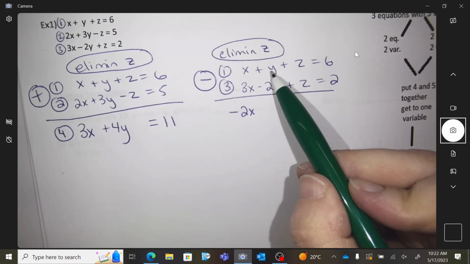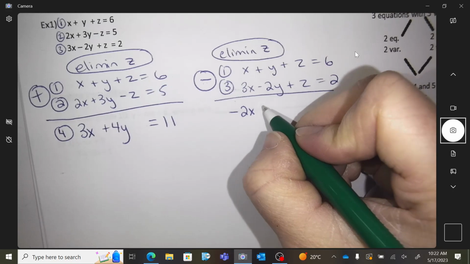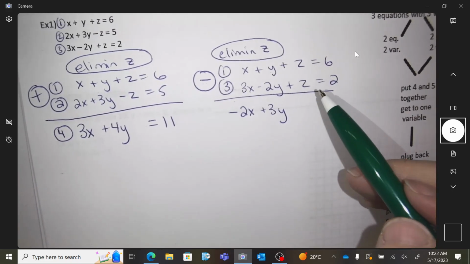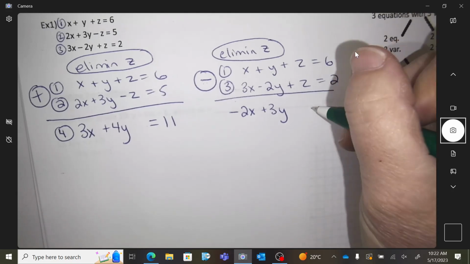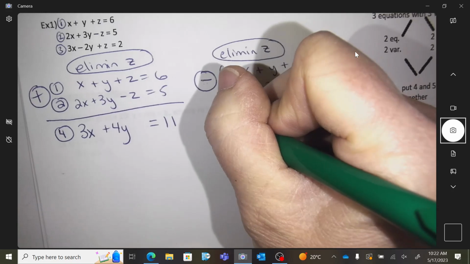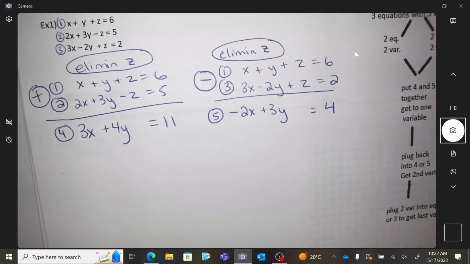Ready? This is a 1 subtract a -2. 3y. 1z subtract 1z. Gone. That's the goal. So then we came out with a new equation at the bottom, so I'm going to call it number 5.